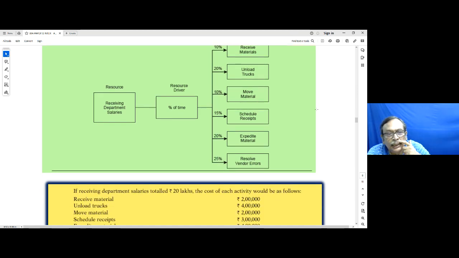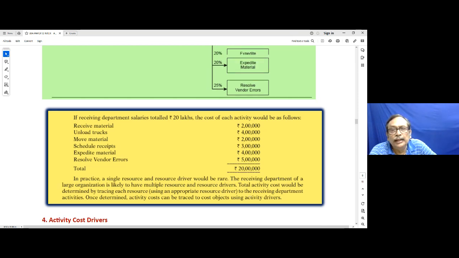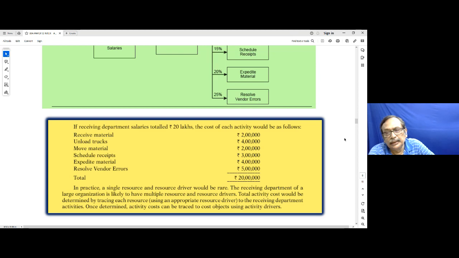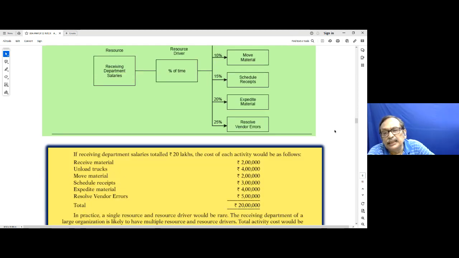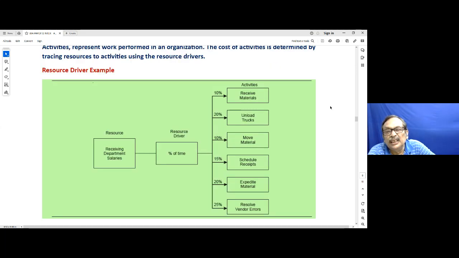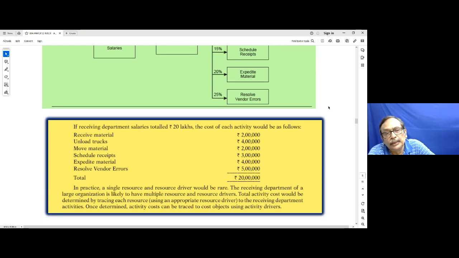Now, if receiving department salaries total rupees 20 lakhs, the cost of each activity would be as follows. Receive material, that is 10%, that is 2 lakhs. Unload trucks, that is 20%, that is 4 lakhs. Move materials, that is 10%, which comes to 2 lakhs.